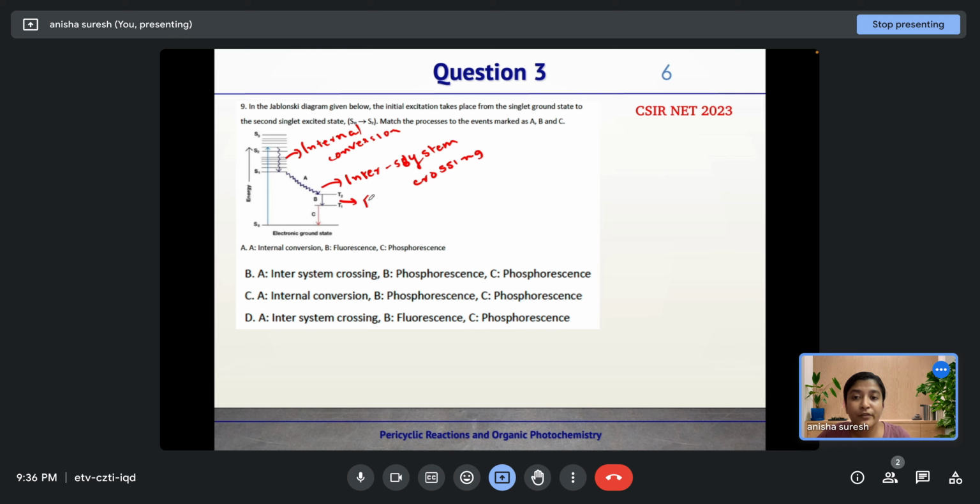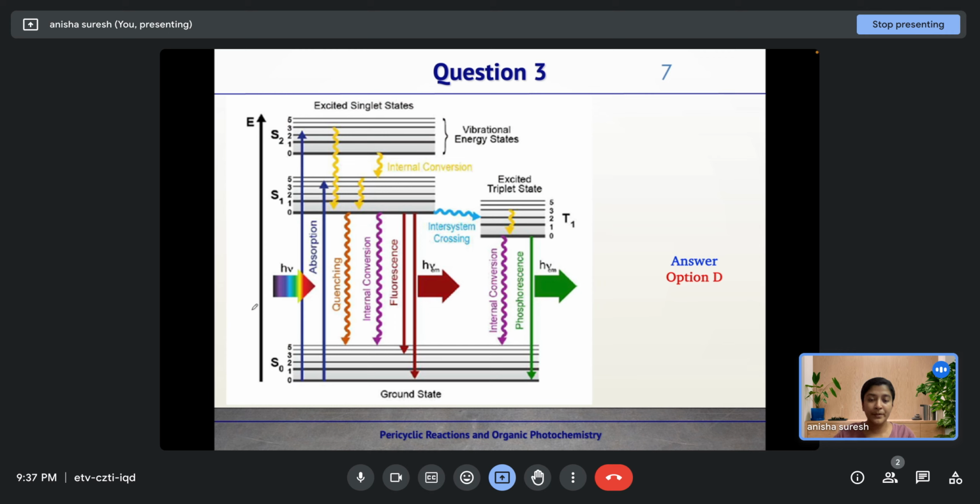It is known as fluorescence because there is no change from triplet to singlet. And here, from triplet to singlet, the radiative loss is known as phosphorescence. So the right option will be A, intersystem crossing, B, fluorescence, and C, phosphorescence. Option D is the right answer. I hope it is clear.